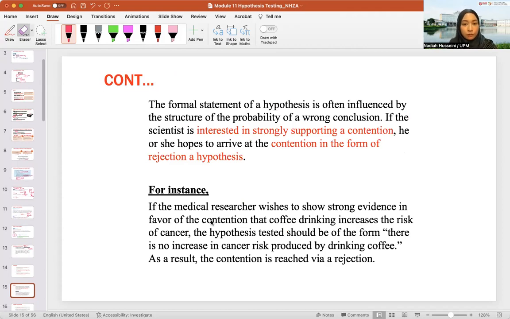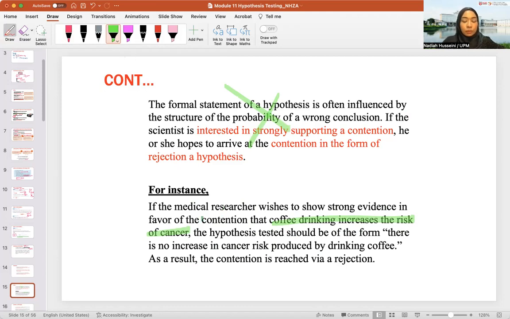Okay, so continuing, a formal statement of hypothesis is often influenced by the structure of the probability conclusion. For instance, if the medical researcher wishes to show strong evidence in favor of coffee drinking increasing the risk of cancer, so they want to support this statement, the hypothesis tested should be of the form, there is no increase in cancer risk. Again, you want to support this statement.